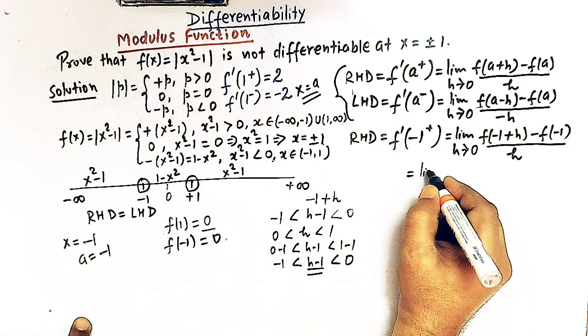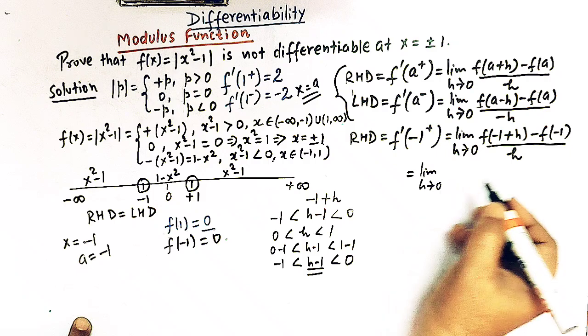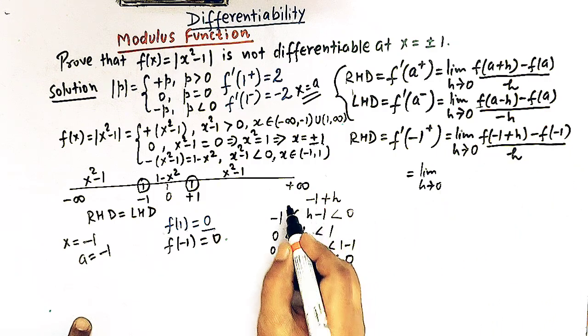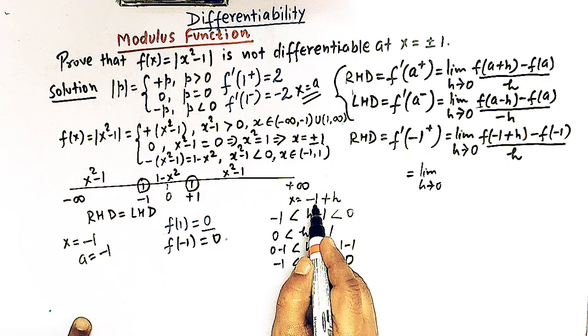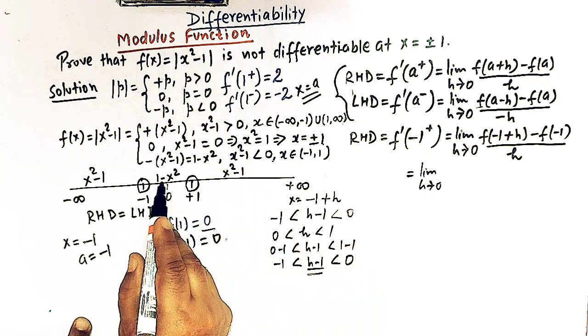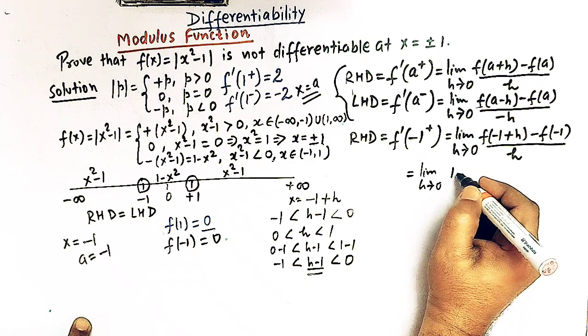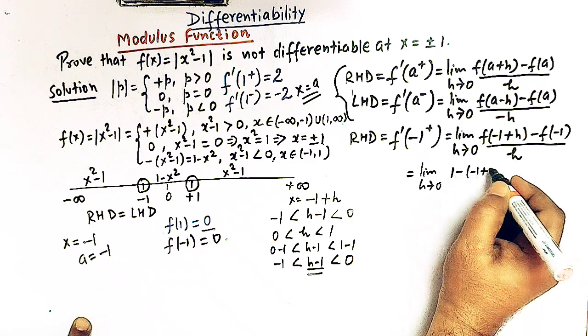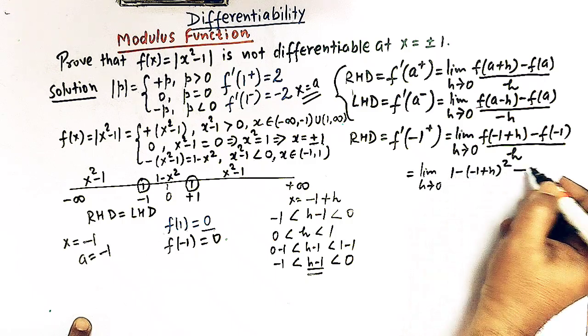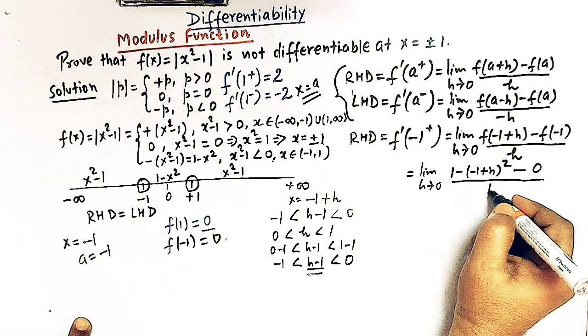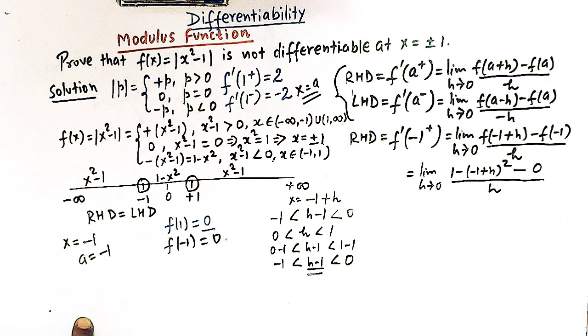So to get the value of f of minus 1 plus h, we have to substitute x is equal to minus 1 plus h in this expression, right? So we have here 1 minus minus 1 plus h whole square, and f of minus 1 is 0, and here we have h, right?